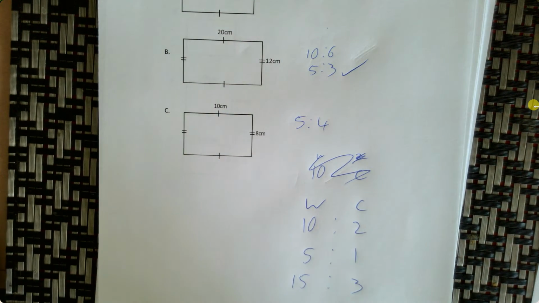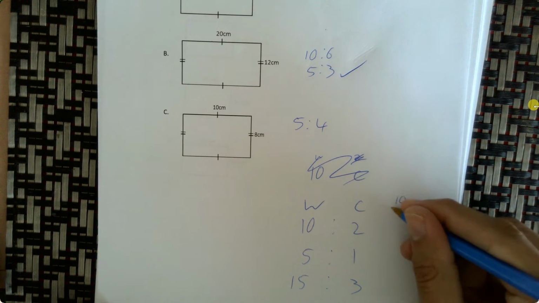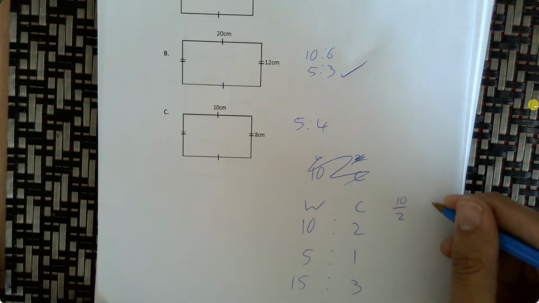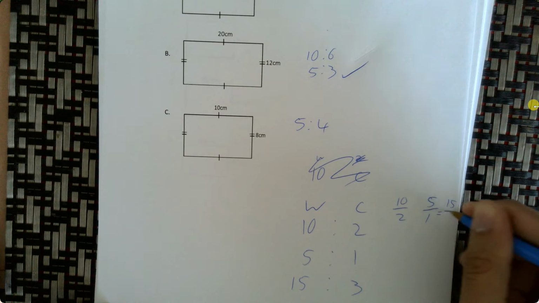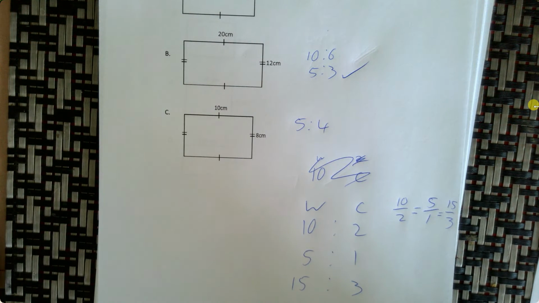These are all saying the same thing, so ratio of one number compared to the other. And they're also equivalent fractions. 10 to 2 and 5 to 1 and 15 and 3. They're all the same thing. Okay? Hopefully that makes it a little bit clearer. If not, there's even more practice to come.